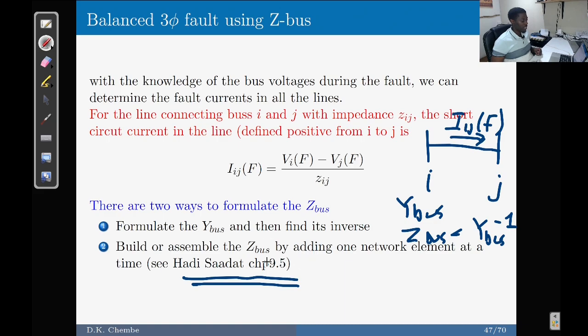But by hand, with buses more than 4, it becomes very difficult to do the inversing manually. So in our case, we rely on and look at more examples in 2-bus and 3-bus systems.